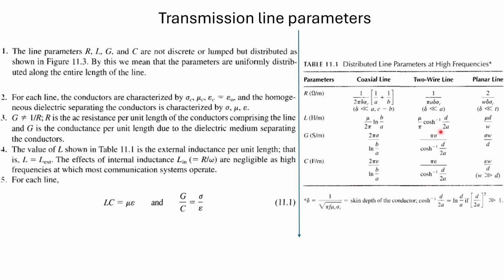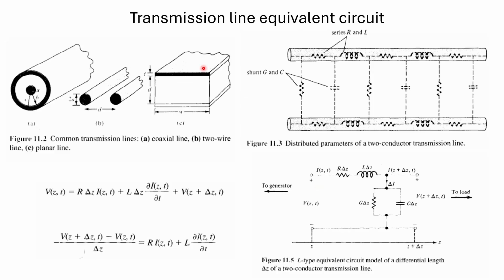For two wire you can find RLGC, for planar line you can find RLGC. In this manner, for a coaxial, two wire or planar transmission line, you can find the equivalent values of resistance, inductance, conductance, and capacitance. Once you get these RLGC values, you can draw the circuit very easily for any transmission line.